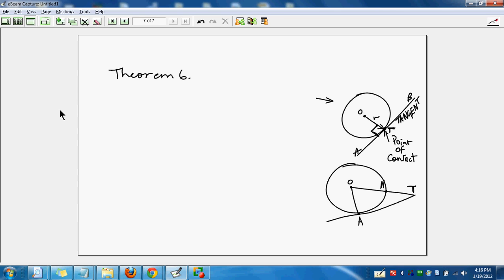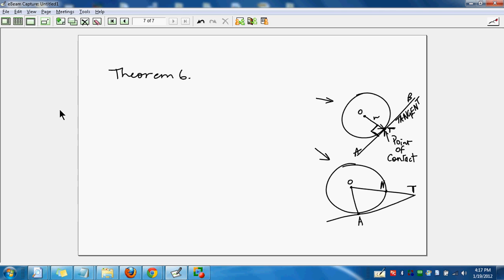So that is something that we have to be aware of, and therefore we'll be looking now at the question that will help us to understand that a little better. Now, you would see that in this diagram, the information they gave us is that TA is a tangent to the circle, and ONT is a straight line.